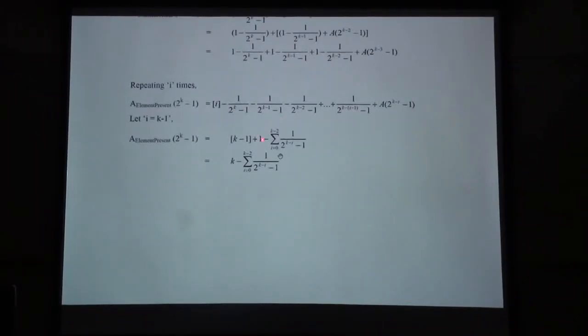Minus the summation from 0 to k minus 2 of 2 to the k minus I minus 1, which gives us k minus the summation.